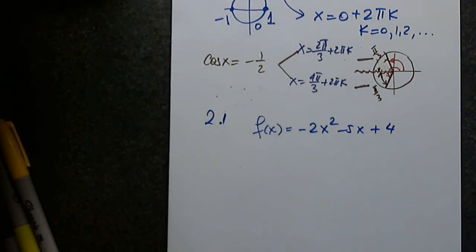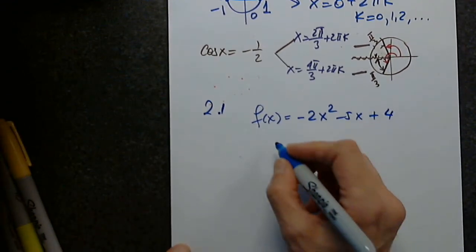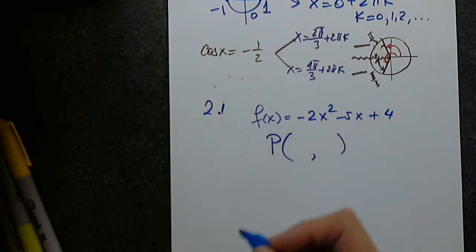Okay, so this is a quadratic function, and I would like you to create a point. A very simple point. I cannot choose both variables. I can choose one and calculate the other. 0, 0 is not a point on this graph.